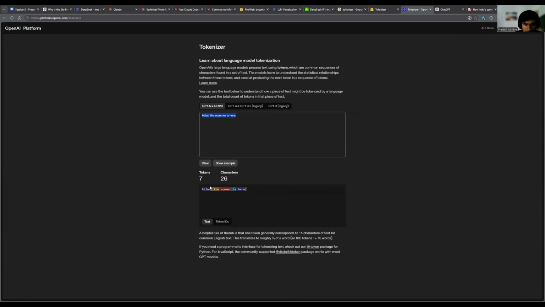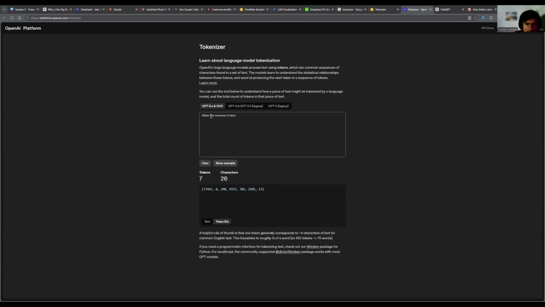So this sentence is represented, as you see, in 7 tokens, around 26 characters. These 26 characters are represented in 7 tokens. And this is how the tokens look. So this is what the LLM will get out of this sentence.